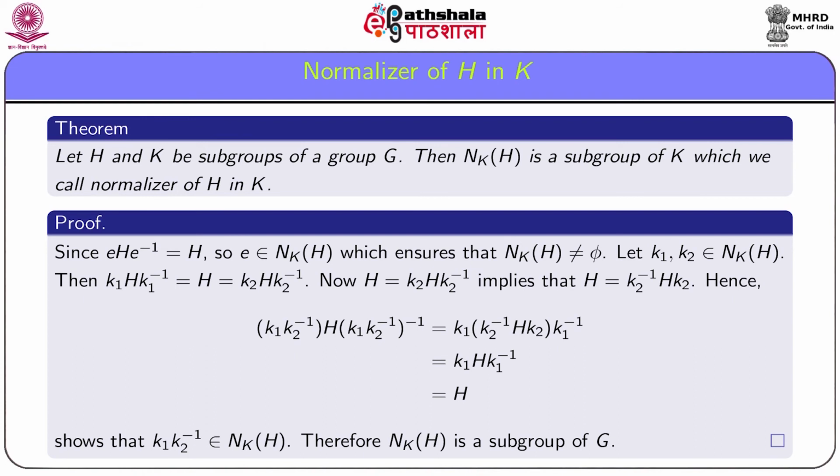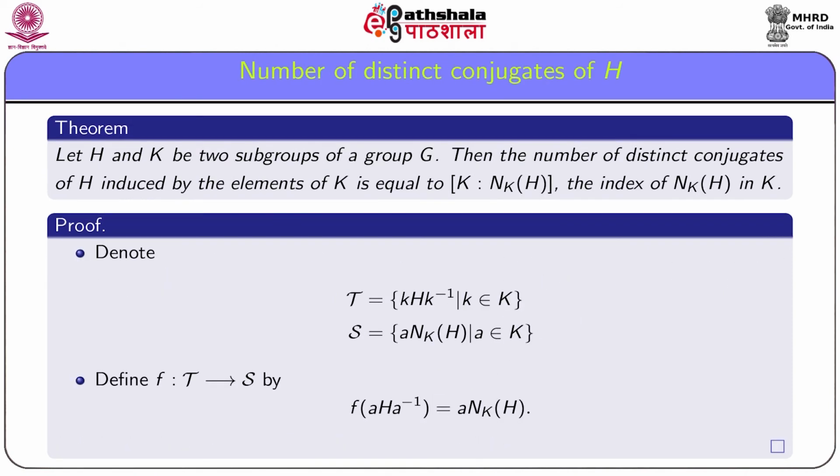Therefore, N_K(H) is a subgroup of K. Now we have the following result, which actually computes the number of distinct conjugates of H. First, we prove the number of distinct conjugates of H induced by the elements of K, and then considering K equal to G, we will get the number of distinct conjugates of H in G.